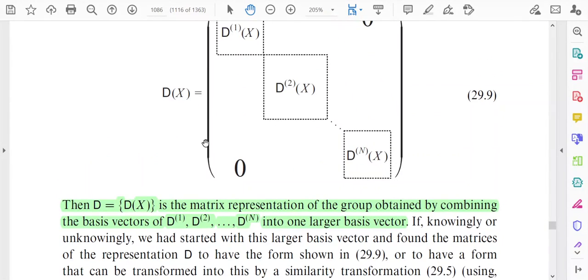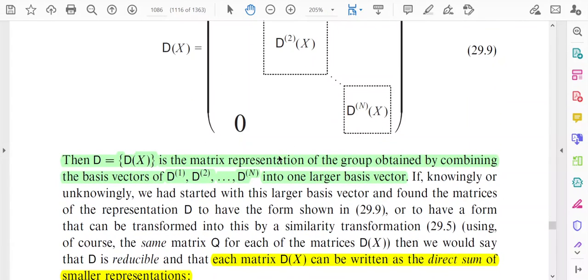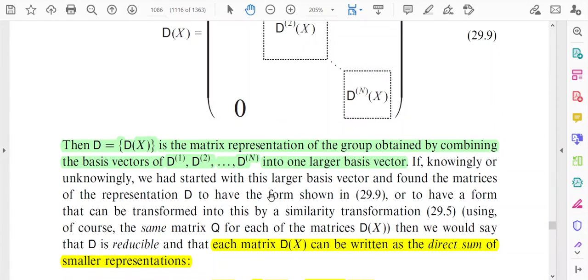that is, we know that to find a representation we need the basis vectors, and suppose we had started with this larger basis vector and found the matrices of the representation D to have the same form, or to have a form that can be transformed into this by a similarity transformation. We have already discussed the similarity transformation.